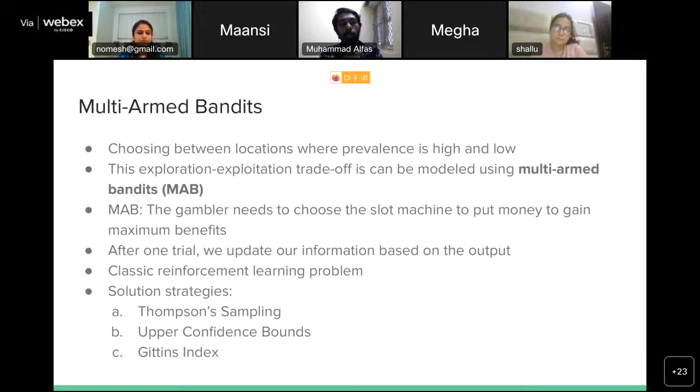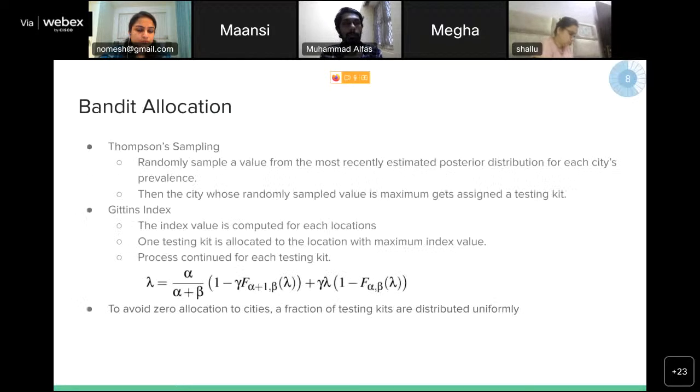So what we do is start with a simple base data, and as we go forward, we update our model, and based on that we allocate. This is a classic reinforcement learning problem, and to solve the MAB problem, many models are available. A few of them are Thompson sampling, upper confidence bounds, and Gittins index. In this model, we use only two methods, Thompson sampling and Gittins index.